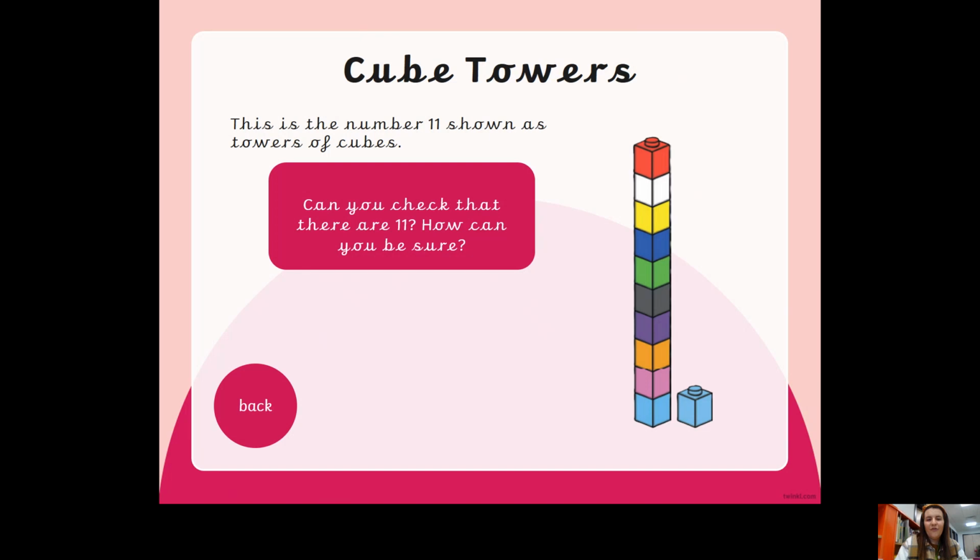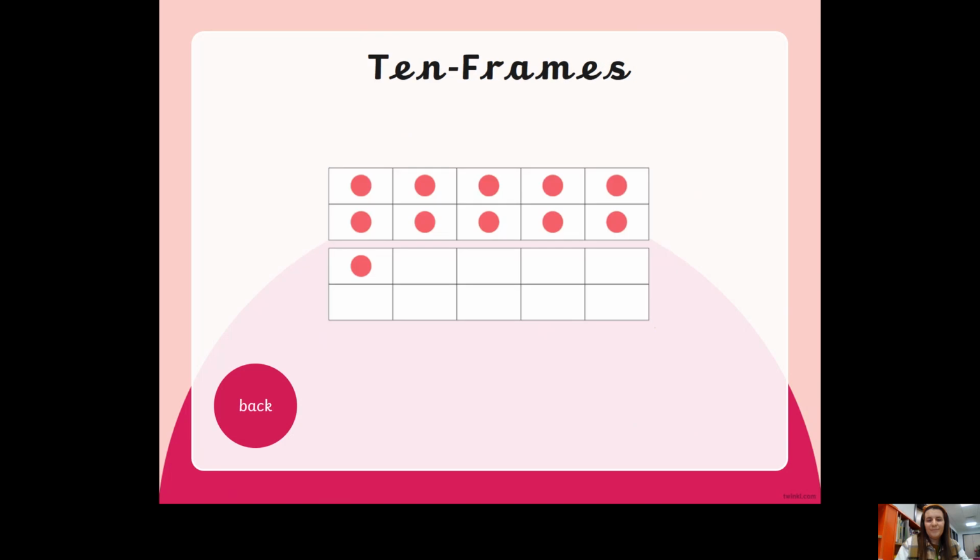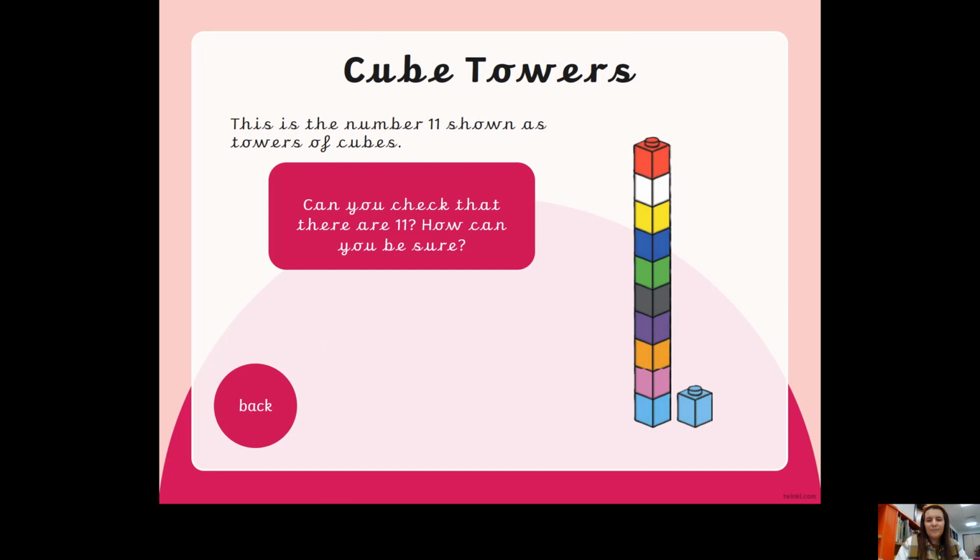I'll give you some time now to check and think, how do you know for sure that these cube towers are representing number 11? Now we know it represents number 11 by counting using our super counting finger, but we also know that we've got one lot of 10 and one more. Can you say that? One lot of 10 and one more.